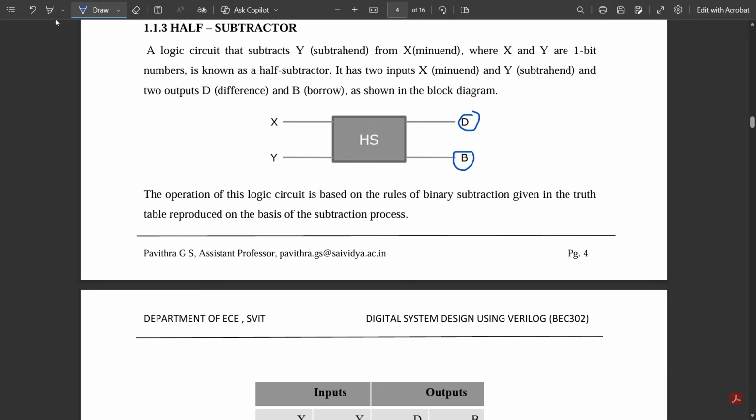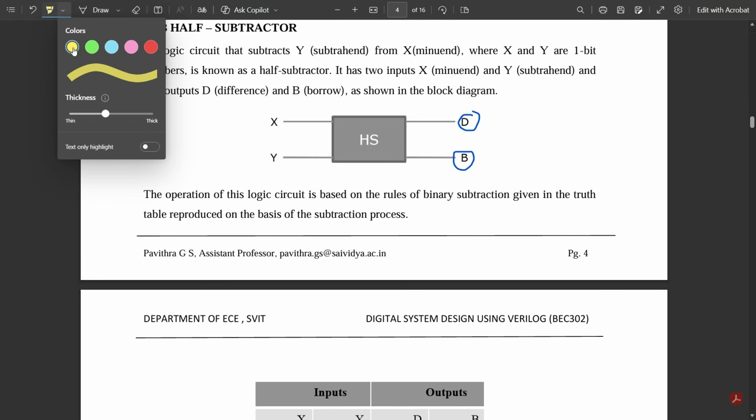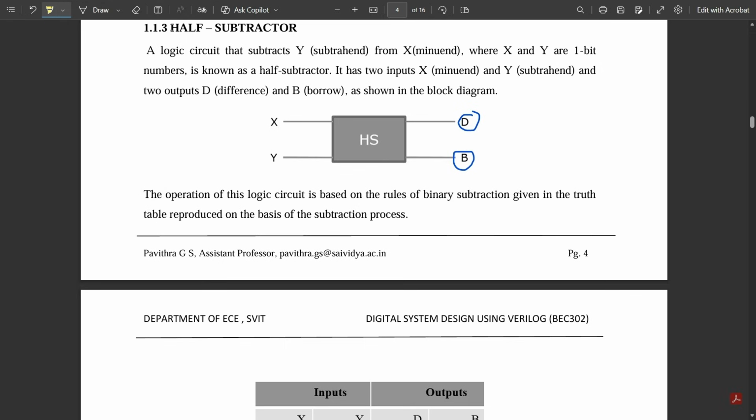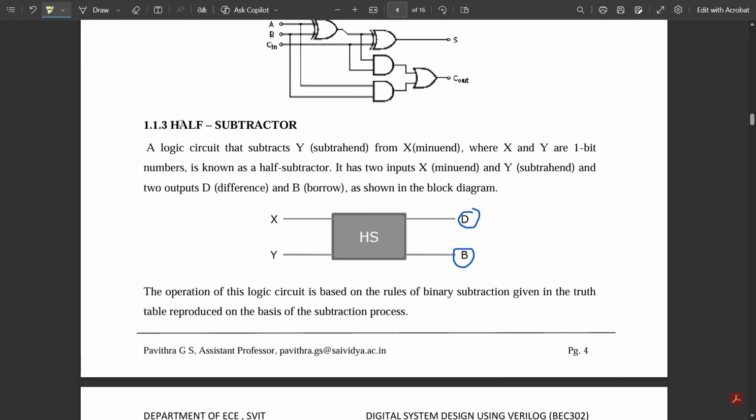Okay, so now let us start with the concept of half subtractor. A logic circuit that subtracts y, that is the subtrahend, from x, that is the minuend, where x and y are one bit numbers, is called a half subtractor.